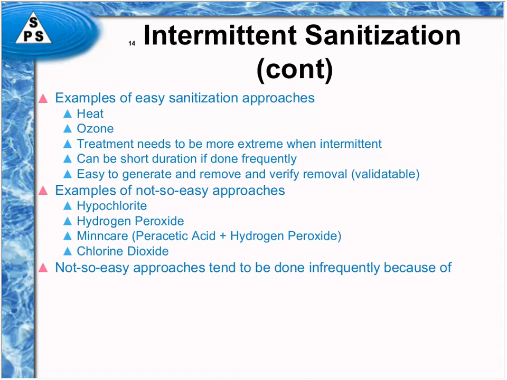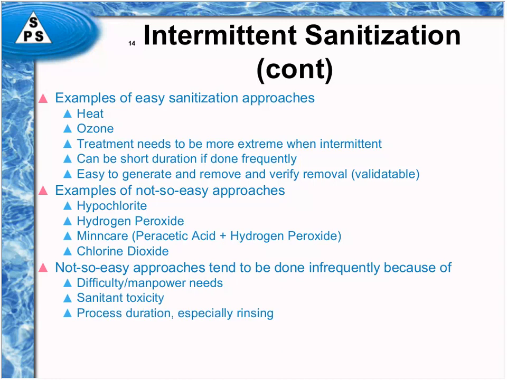Anyway, these not-so-easy approaches tend to be done infrequently because it's a lot of manpower, and sometimes they're quite difficult to do. The sanitant often is very toxic, and you have to be careful handling it. The duration of the treatment itself is usually fairly protracted, especially when it comes to rinsing out these sanitant residues.